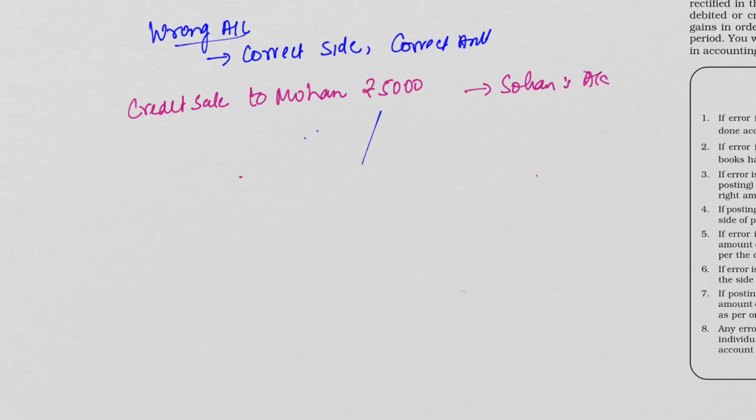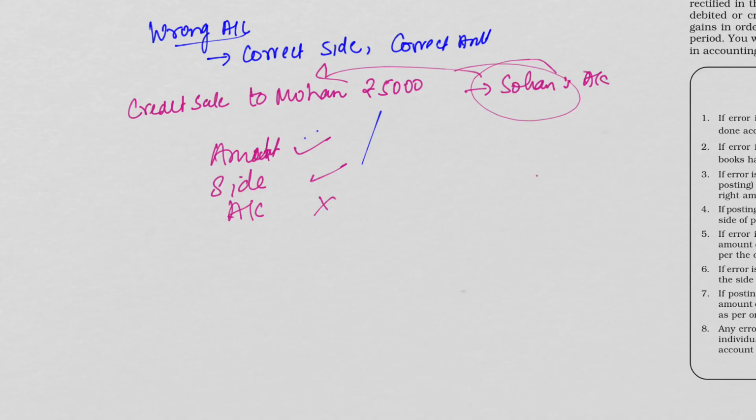So here the amount is correct, the side is correct, but the account is wrong. So the correction will transfer the amount from Sohan's account to Mohan's account.